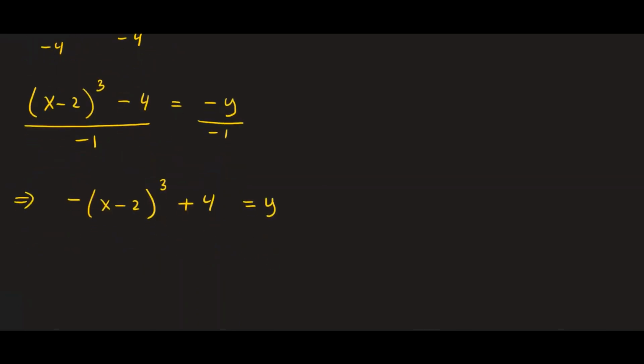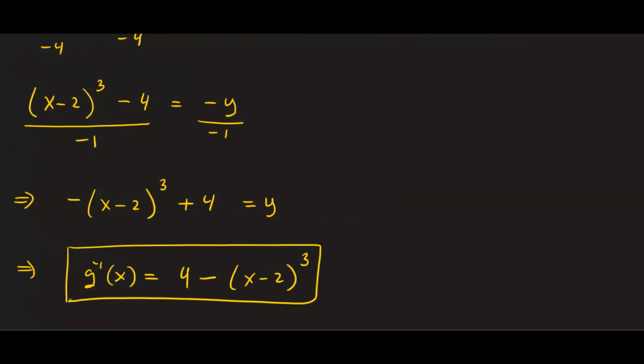So hence, our inverse function is going to be 4 minus (x minus 2) cubed. Again, I switched the order on the left side because it's nicer to write the negative expression after the positive expression. Just a standard way of expressing our answers. Here we go. So that's how we find inverse functions.